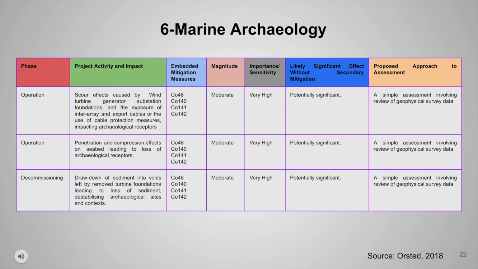It has moderate magnitude and very high importance. Its likely significant effect is potentially significant without secondary mitigation. Currently, only broad locations of non-wrecks and obstructions are available, with the position and extent of the marine archaeological resources at Hornsea not yet established.